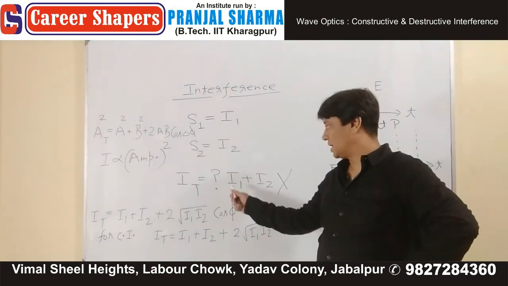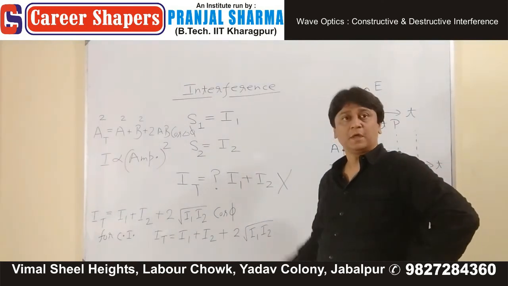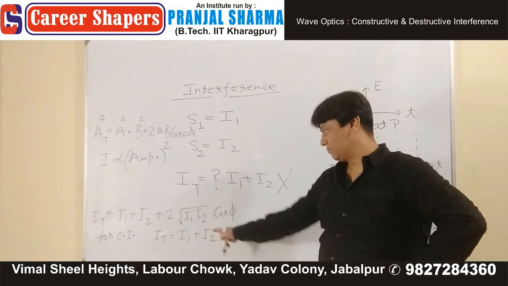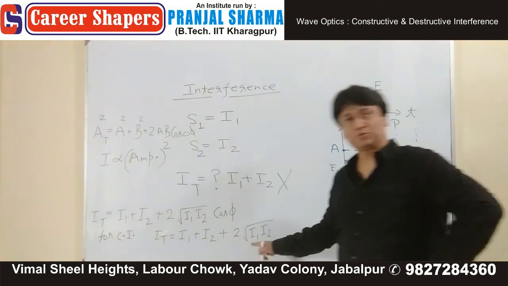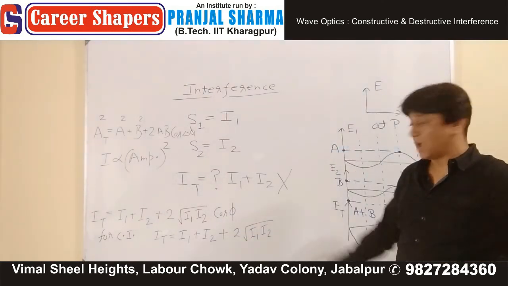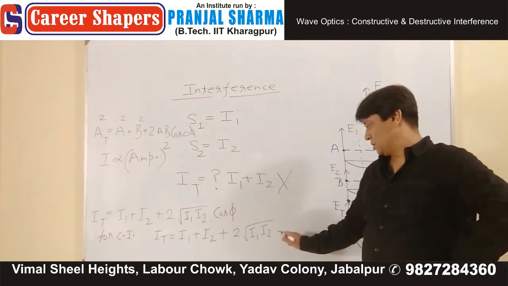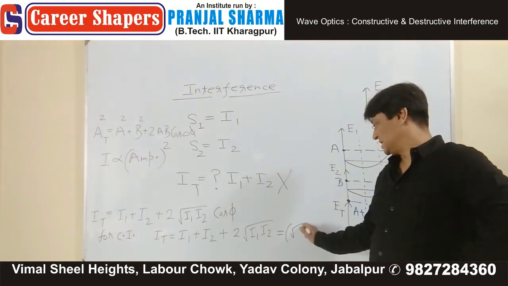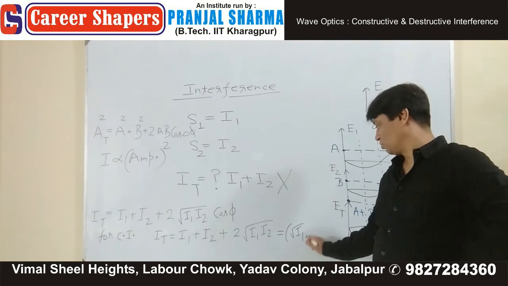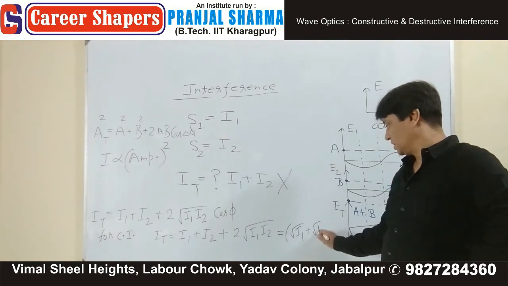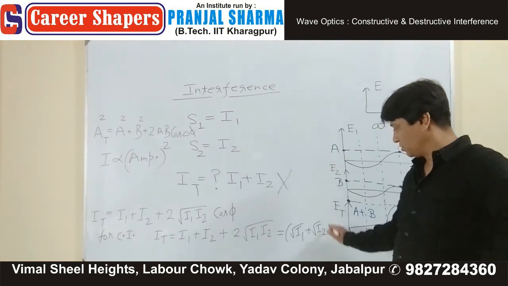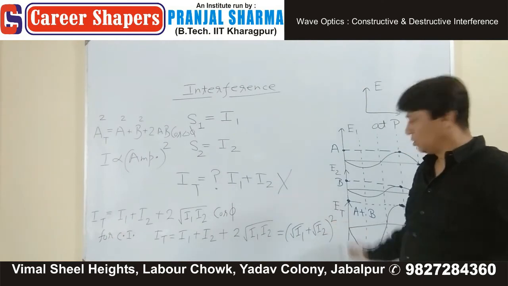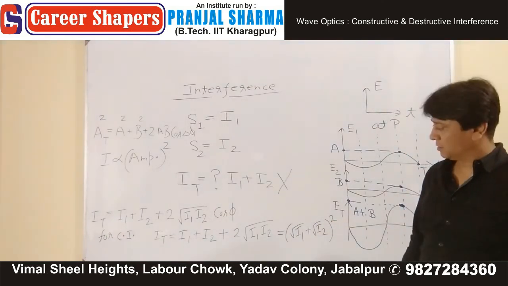So it's not I1 plus I2, it is I1 plus I2 plus 2 times root over I1 into I2, which is nothing but root I1 plus root I2 whole square.